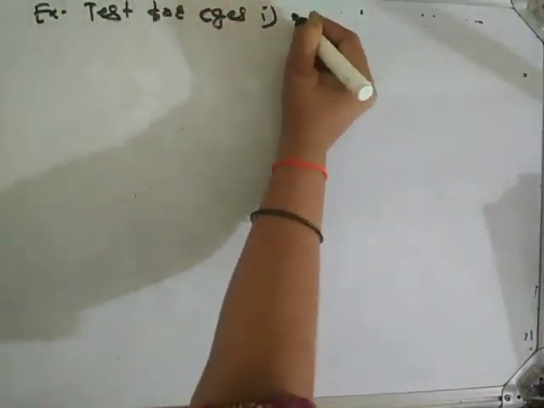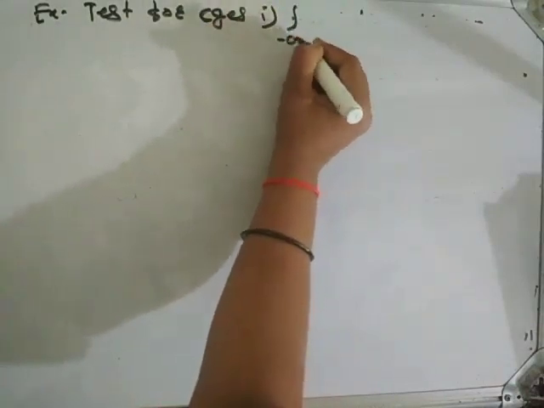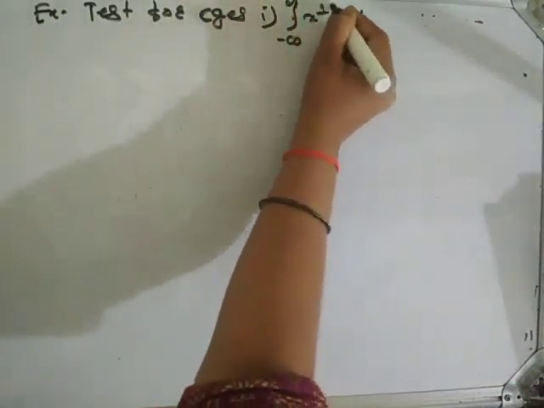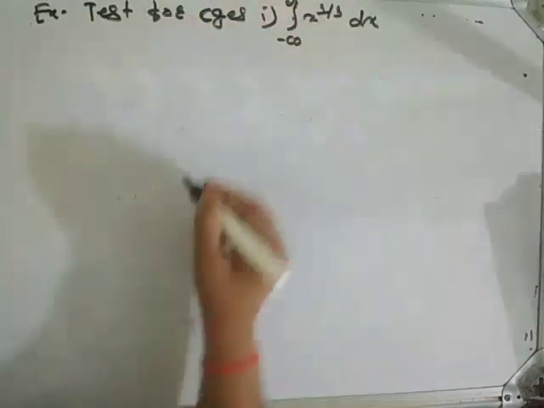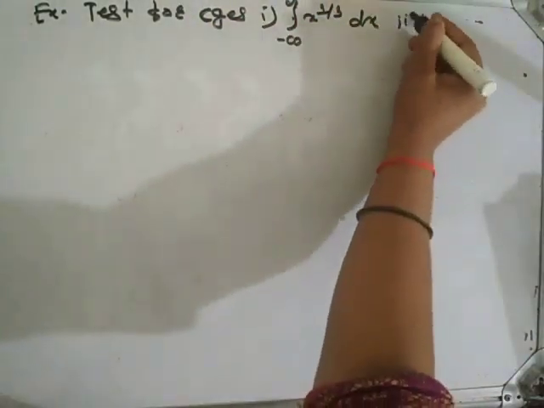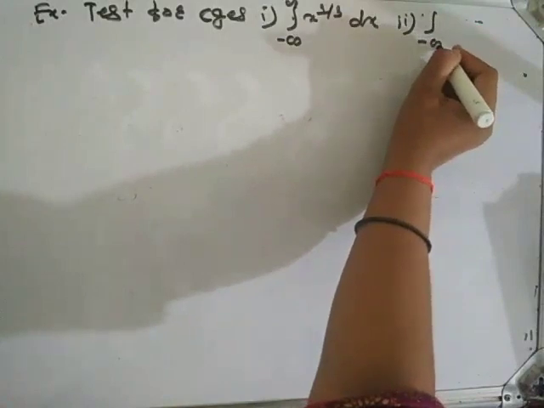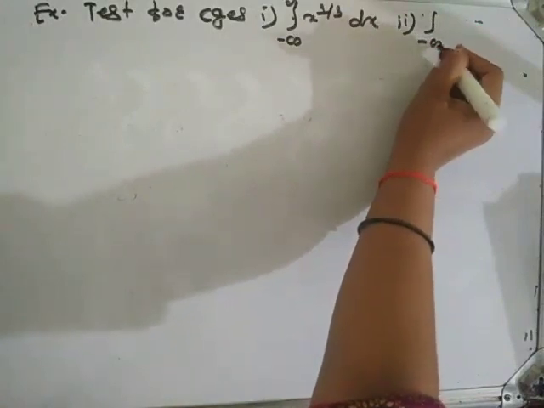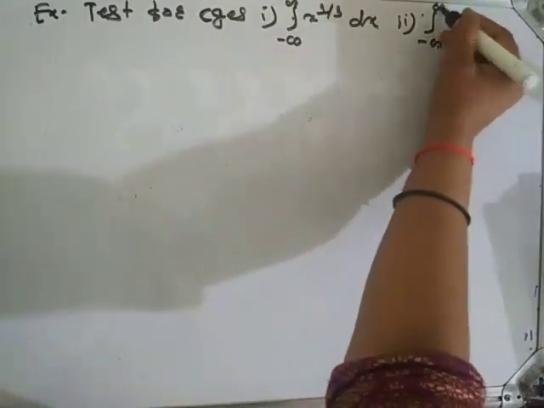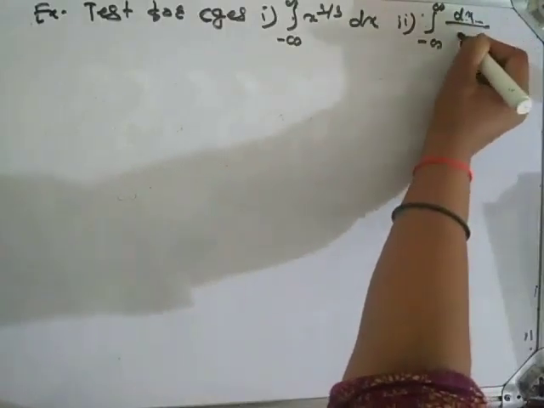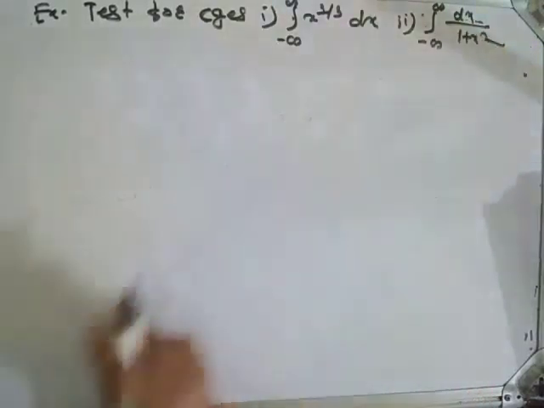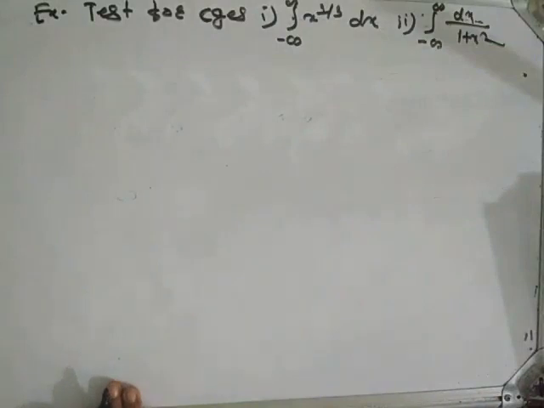Firstly, integration from minus infinity to infinity of x raised to 1 by 3 dx, and second, integration from minus infinity to infinity of dx upon 1 plus x square.